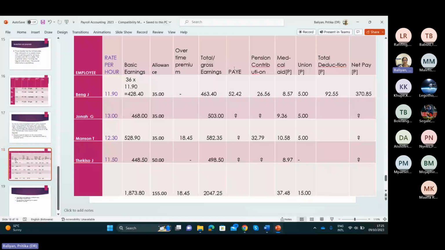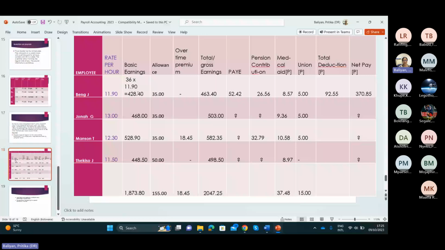That's why we need to calculate the pension contribution, because on this amount the tax is not going to be charged. The pension is always charged on the basic earnings or basic pay, which is 428 pula and 40 thebe.